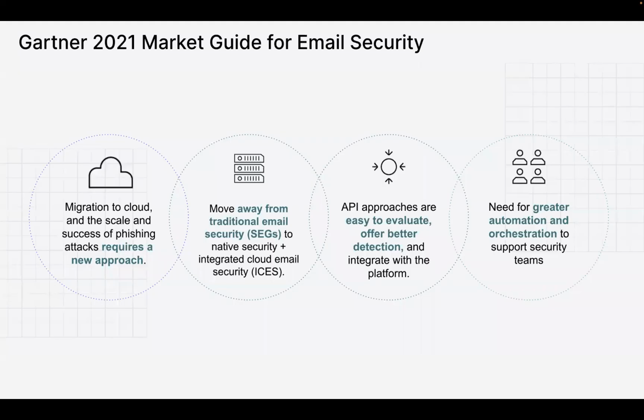And then, of course, that report highlights a variety of different approaches that are kind of confirming what Abnormal is doing, right? An API-based integration that's easy to deploy. I'll show you here in a second. Literally takes 30 seconds to get off the ground.